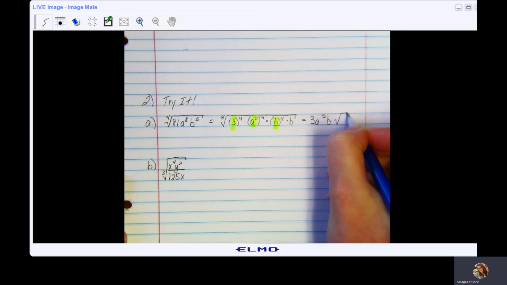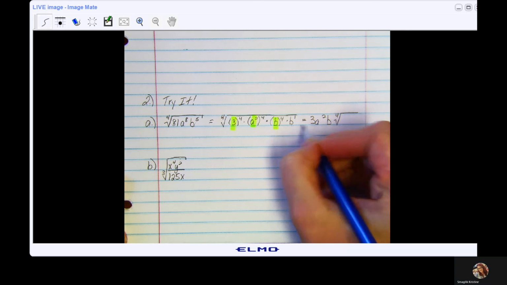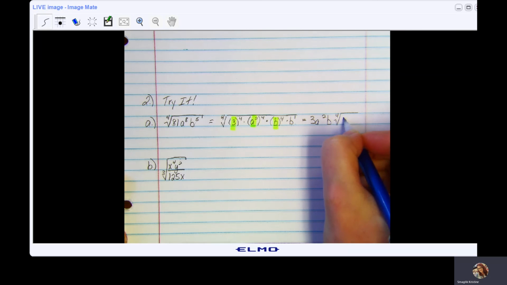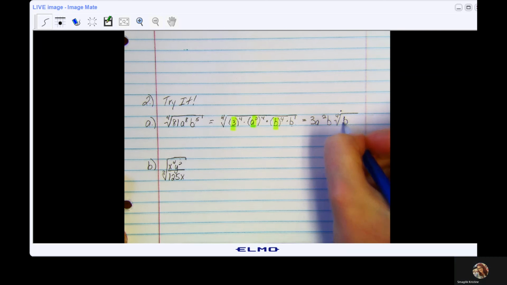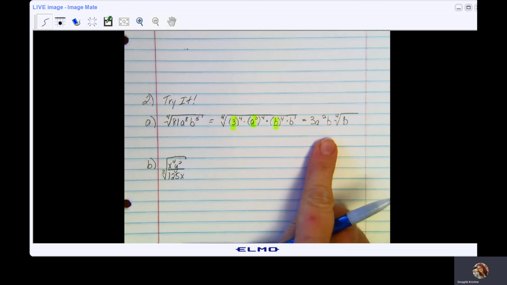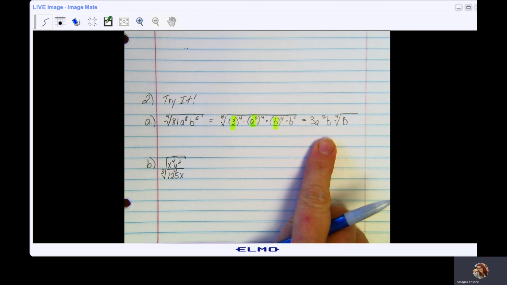And what has to stay behind is this lonely b right here. And now we are in reduced radical form. Our answer is 3a squared times b times the 4th root of b.